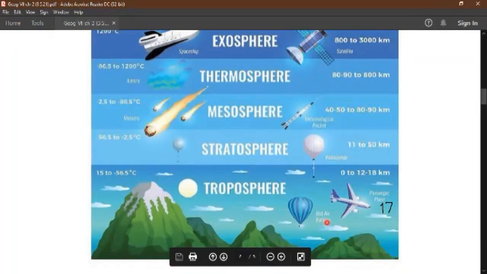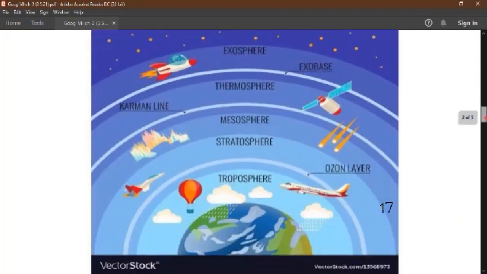Its height varies from 18 km at the equator to 8 km at the poles. As the equator receives direct sunlight, the air expands here, due to which the height of the troposphere is more at the equator. There is a regular decrease in temperature with altitude or elevation.